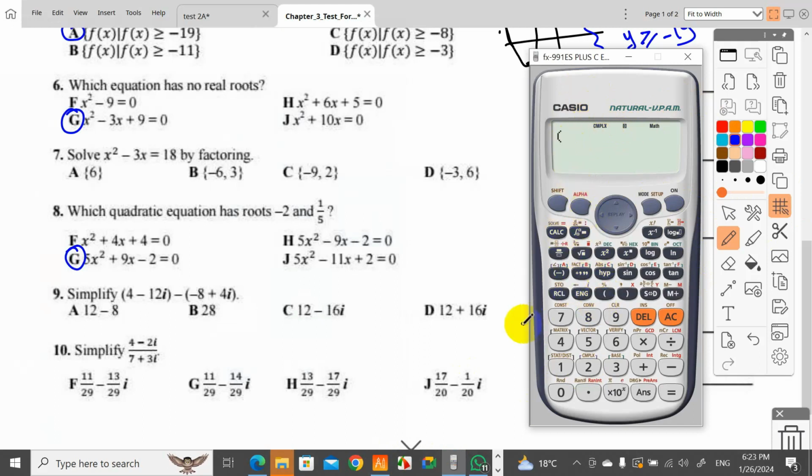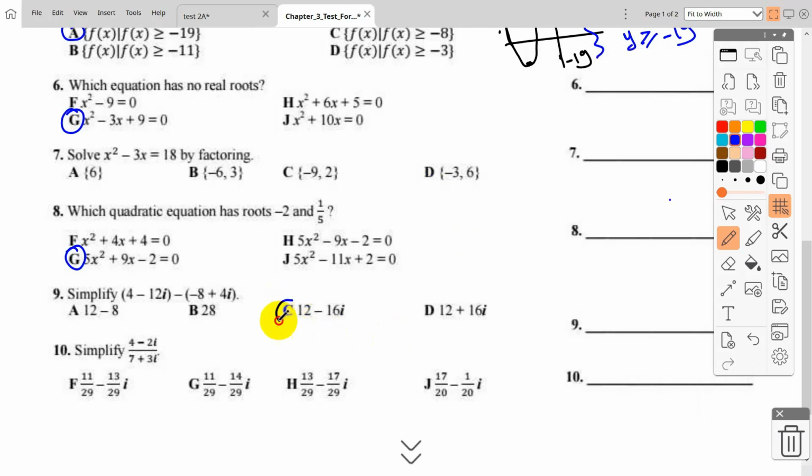Press 4 minus 12i, minus negative 8 plus 4i, and equals, it will be 12 minus 6i, which is letter C.